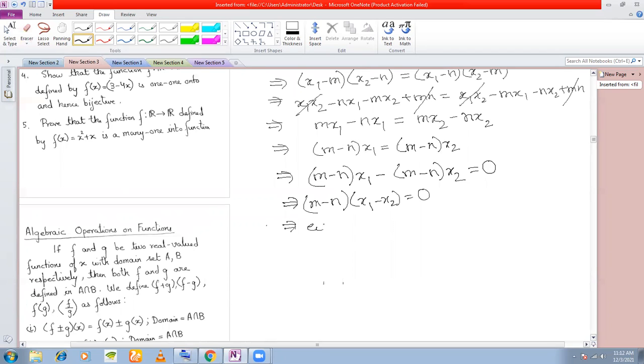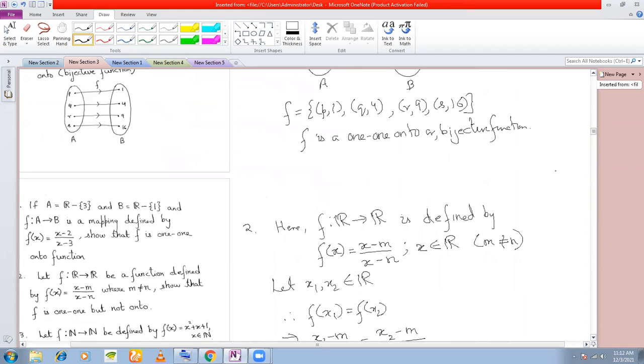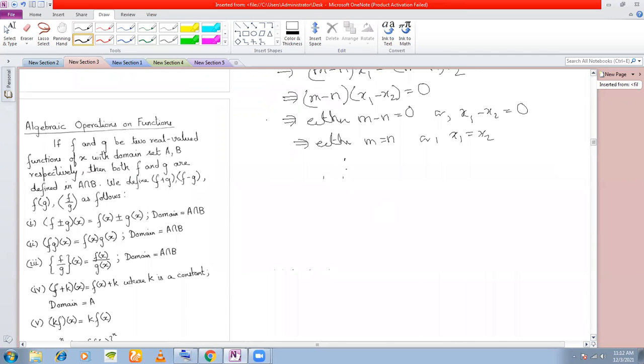That means either m minus n is equal to 0 or x1 minus x2 is equal to 0. That means either m is equal to n or x1 is equal to x2. But m not equal to n, right? It is already given to you here. Therefore, x1 must be equal to x2.